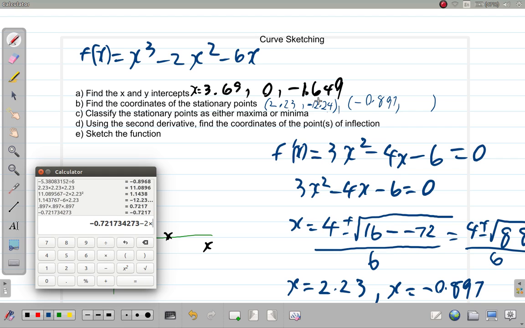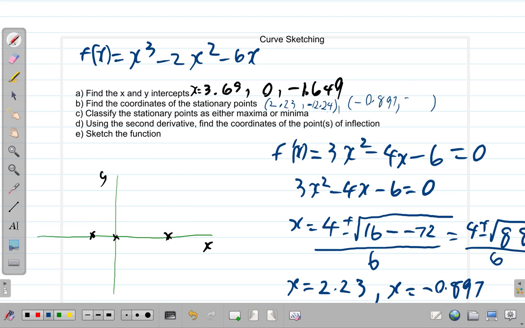When we square it, we have positive, so we don't have to worry about the negative sign here. Then minus 6 times negative 0.897 will become a plus 6 times 0.897. And we have 3.051.